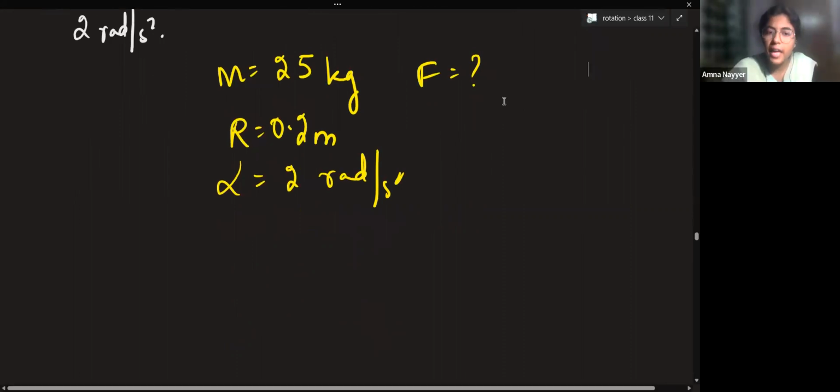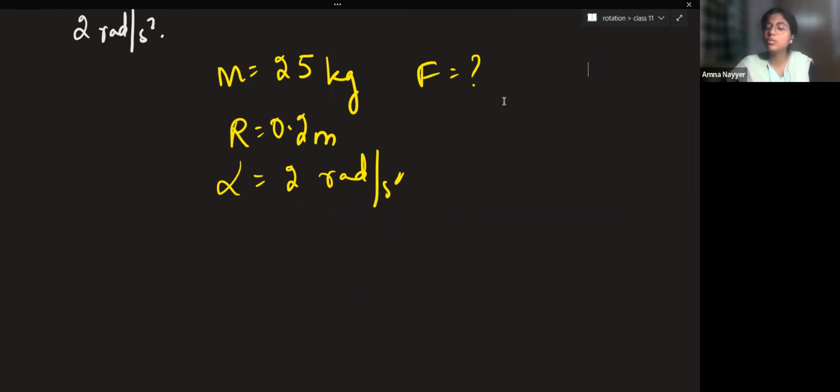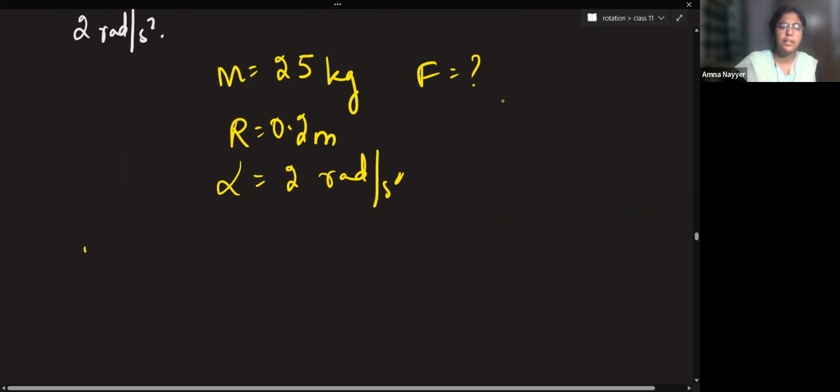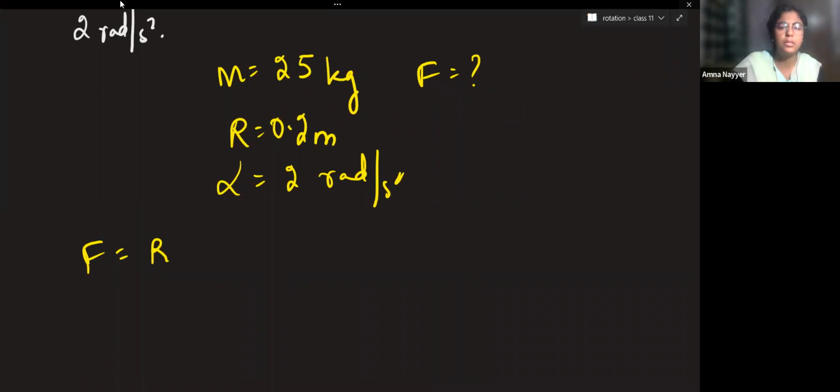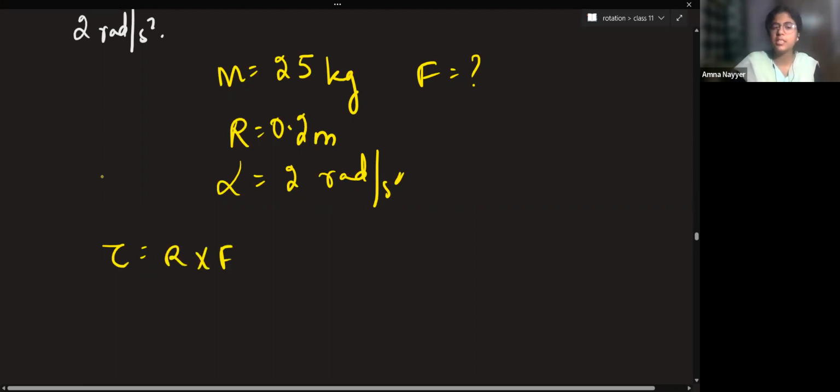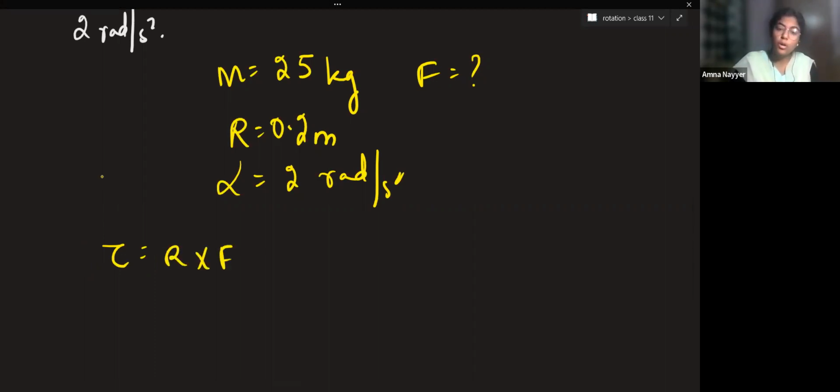Now see, M, R, alpha, F, there is no single formula which can connect these, right? But see, torque is R cross F. But we don't know torque.